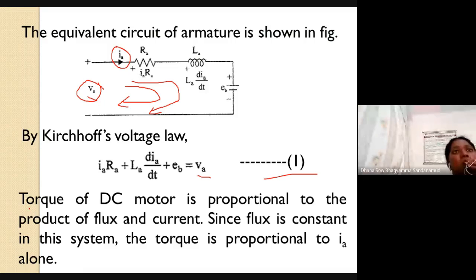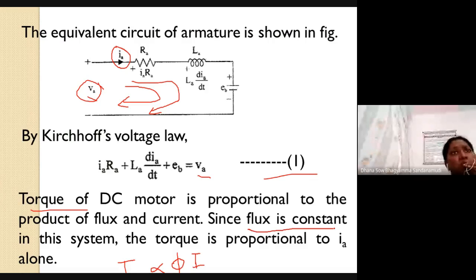Now let us consider the torque of the DC motor. The torque of the DC motor is directly proportional to the flux and current, meaning it is proportional to the product of the flux and the armature current. Since the flux is constant, you are not varying the field voltage.